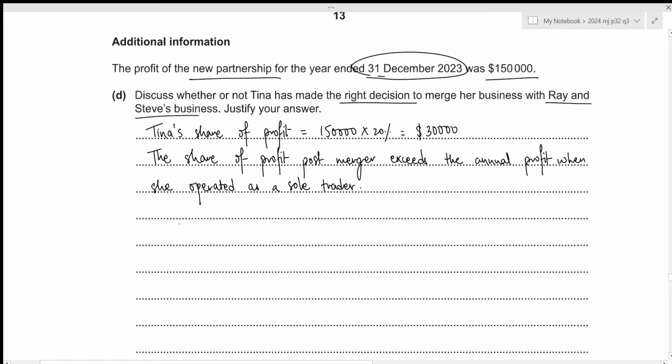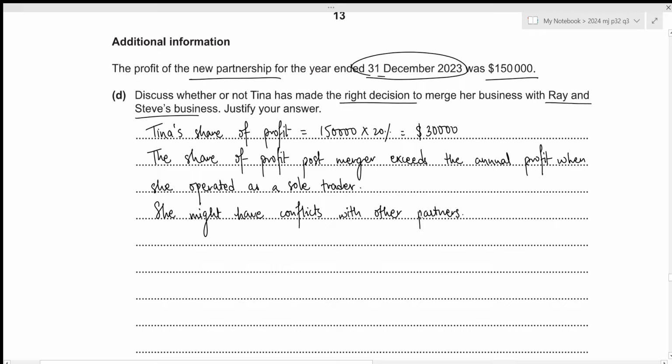Now for the disadvantages, she might have conflicts with other partners. And we can also comment on her profit sharing ratio. We can see that Tina only has 20% as part of her share of profit, whereas Ray and Steve will be getting 40% each.